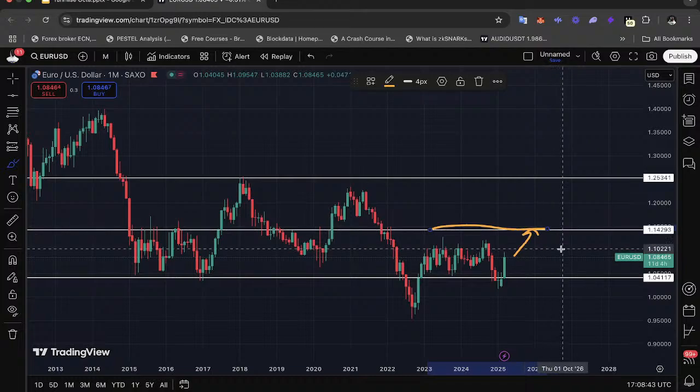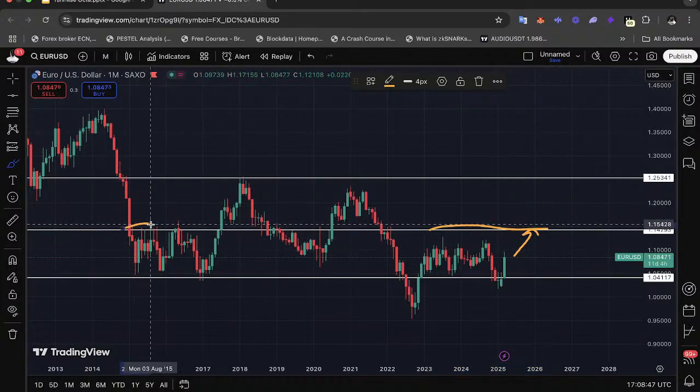Why is it a key level? When we look at the historical price movement, we see that this level had played a significant role in resisting price. Okay, this level had played a significant role in what?